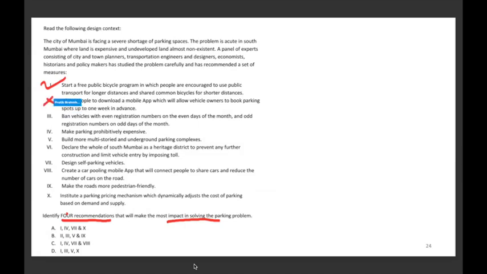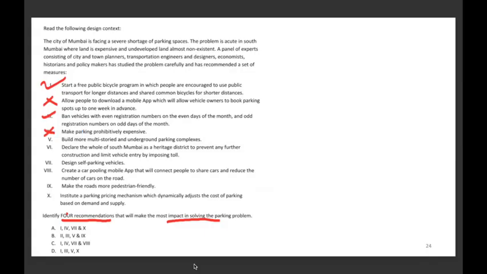Does not help because the number of spaces is still limited and the number of vehicles on the streets is also the same. Ban vehicles with even registration on even days and odd on odd days. This works because this actually reduces the number of vehicles and we have limited spots, so it helps. Next, make parking prohibitively expensive. It does not solve at all because the number of vehicles is not reduced and the spots also remain as they are.